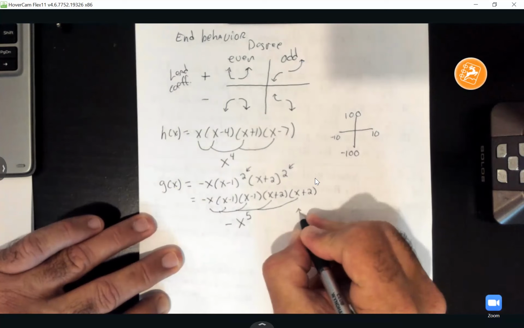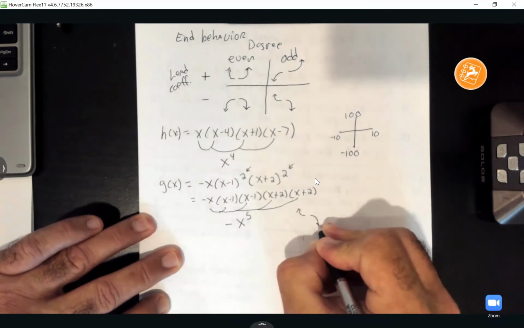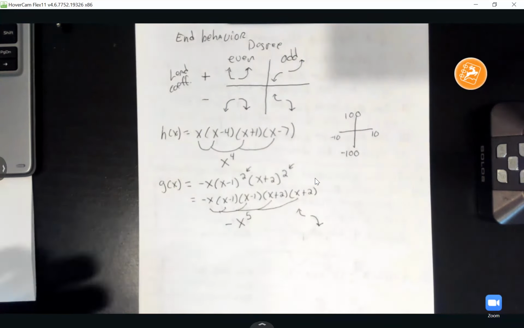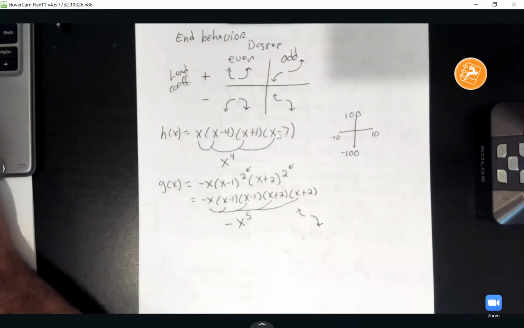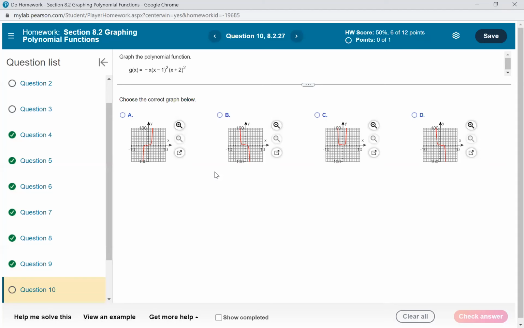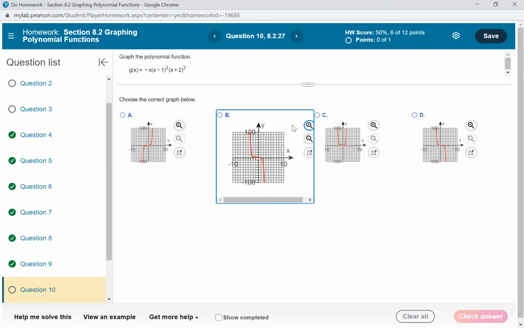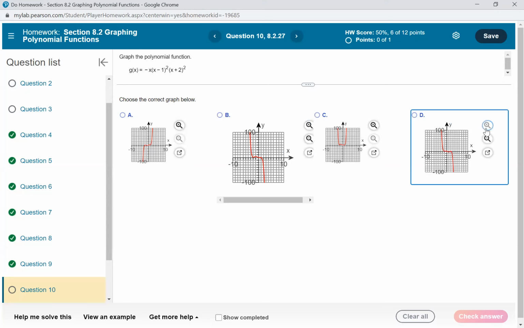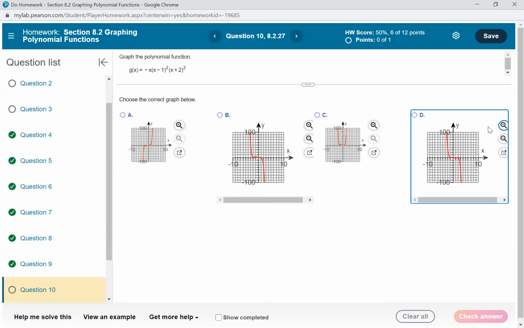So that means this graph should be going downhill left to right. So let's look at the math lab. Downhill left to right. Well, y'all, I got B going downhill left to right. And I got D going downhill left to right.